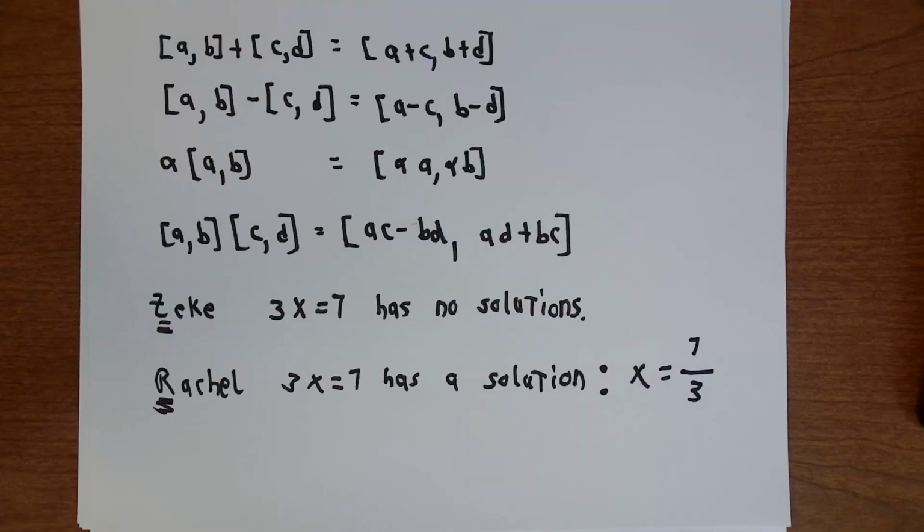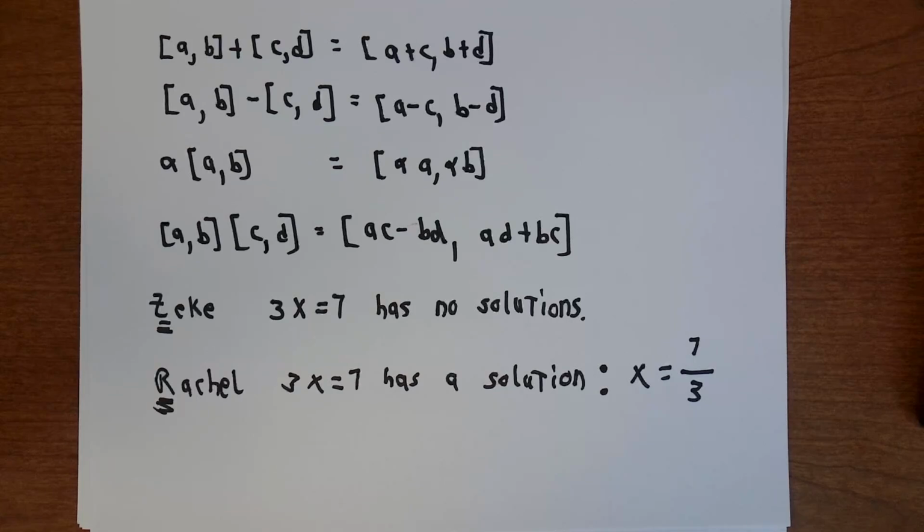Rachel, who knows all about rational numbers, though, would say, on the contrary, 3x equals 7 does have a solution. x is 7 over 3. Zeke's response initially might very well be, I don't know what you're talking about. This isn't even a number. The only numbers there are things like -3 and 1 and 2 and 0 and that sort of thing.